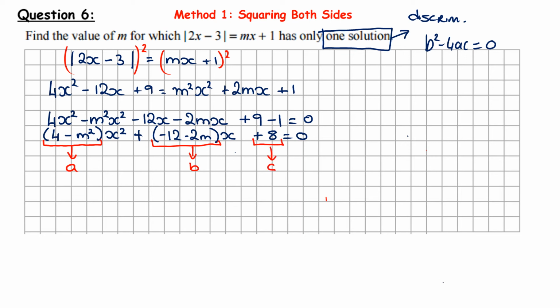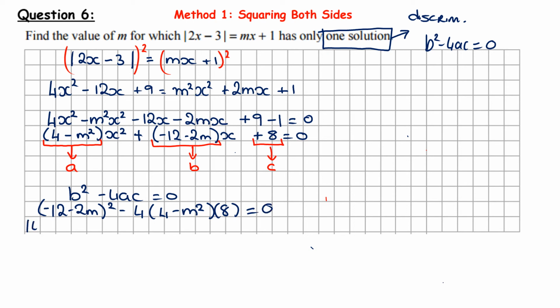So we can use the idea of the discriminant, b squared minus 4ac equals 0. So b squared, minus 12 minus 2m squared, minus 4 times 4 minus m squared times c, which was 8.